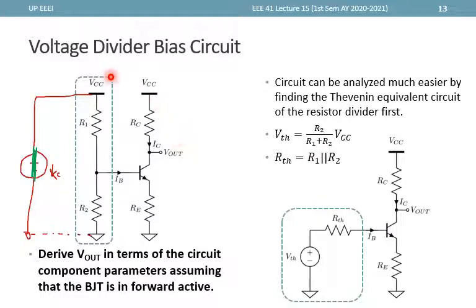And therefore, we can just analyze this whole circuit as this circuit with this Thevenin equivalent. Now, we won't need to do KCL anymore, and so this is much easier to analyze than this one. Although in the end, we need to convert RTH and VTH with these values.